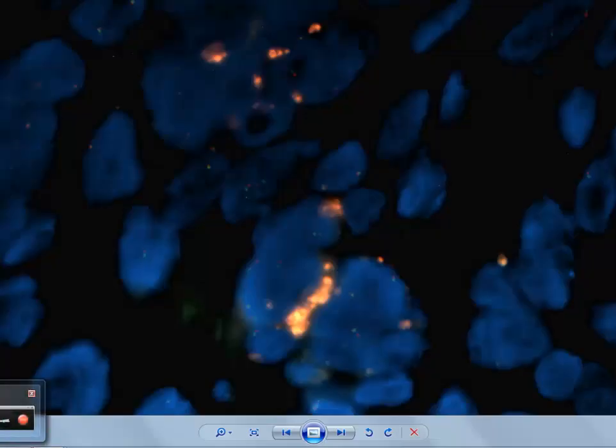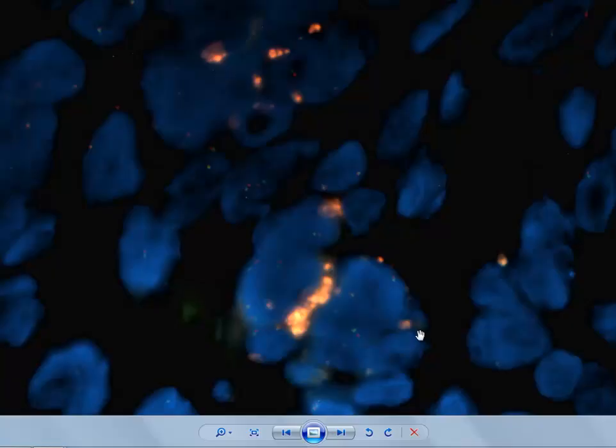Finally, we ordered SS18 break-apart FISH, and as you see here, we have the break apart of the red and green signals, and the diagnosis was synovial sarcoma.